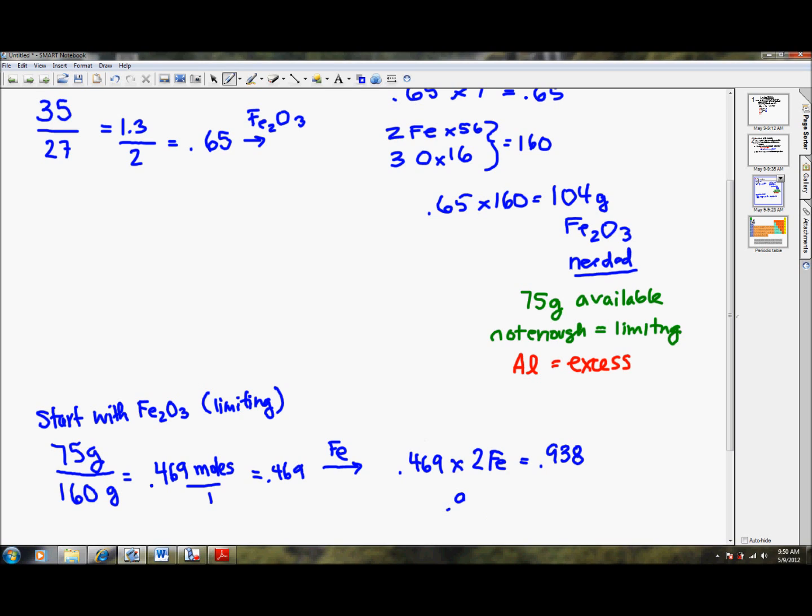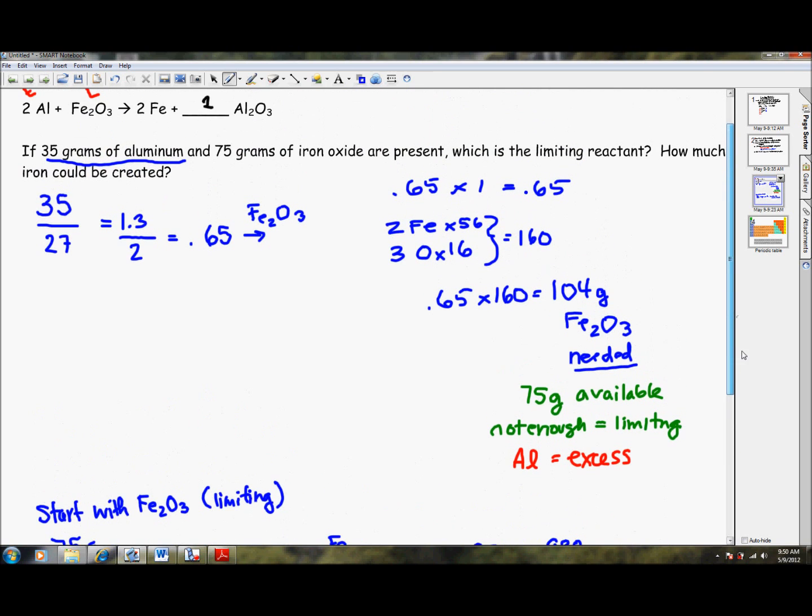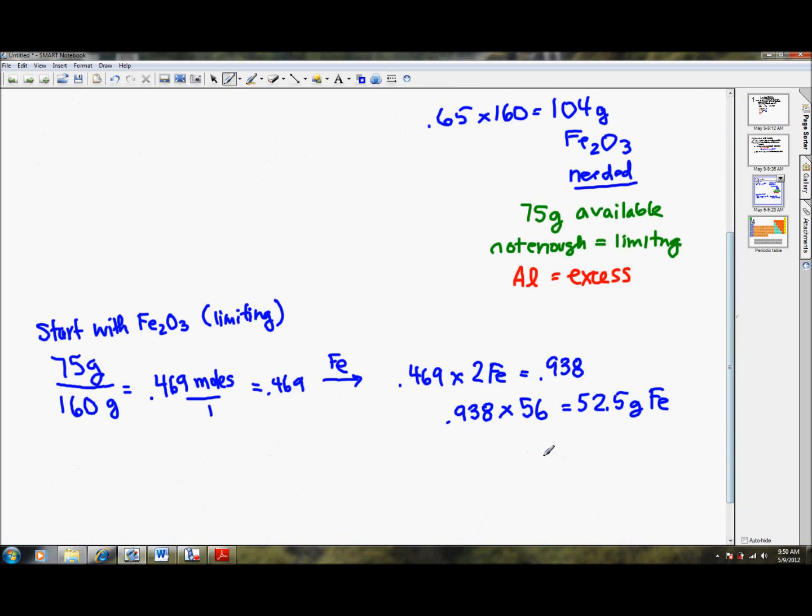And I'm going to take 0.938 times the molar mass of Fe, which is right here, 56. Again, I've rounded a little bit from the periodic table. That's 52.5 grams of Fe can be made. Now remember, you have to do significant figures, and you have 2 sig figs. So that's 53 grams of Fe.